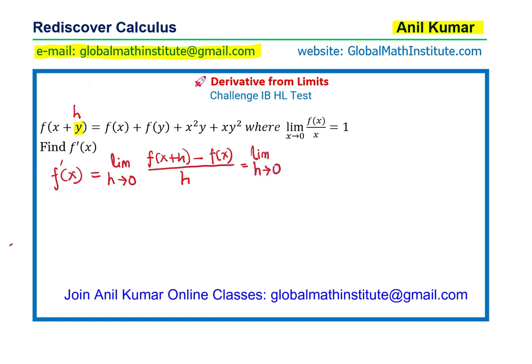So it becomes f of x plus, instead of f of y, it is f of h now because x plus h, right? Plus x square h plus x h square. You understand? Minus f of x over h. So once you do this step, it becomes very easy.